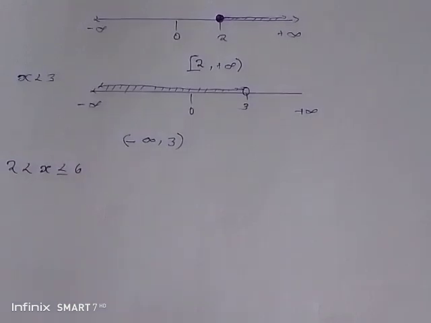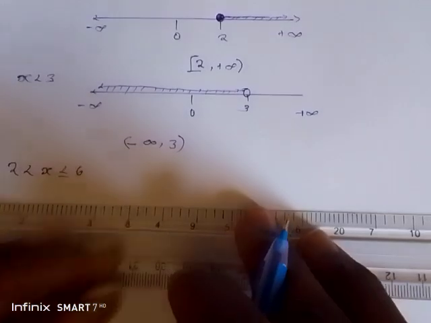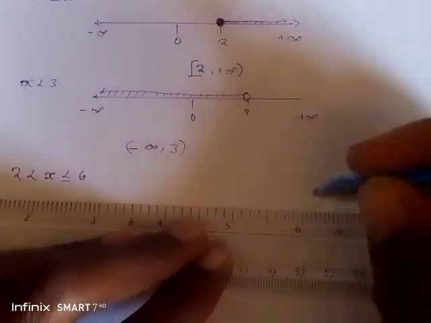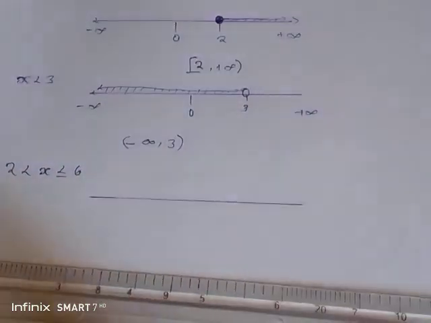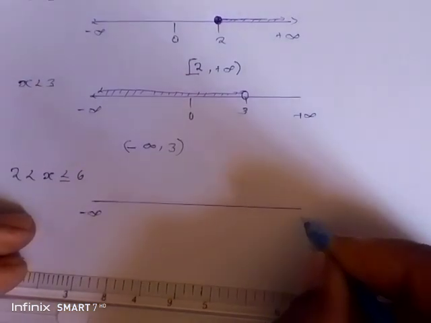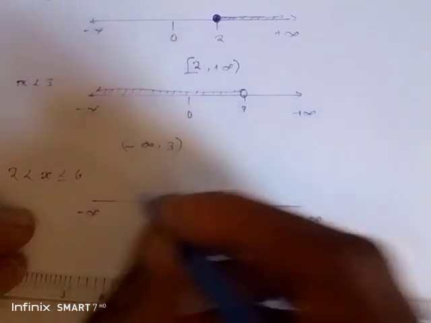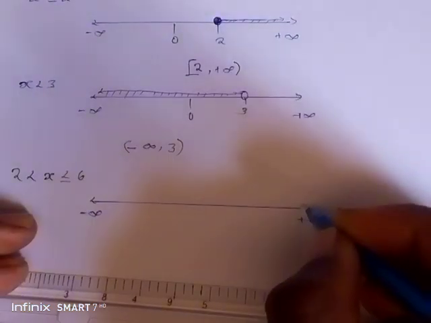So we are given this, 2 less than x less than or equal to 6. What are we supposed to do? Let's make a real line again, from here up to there. Then we say this is negative infinity, this is positive infinity, like this.